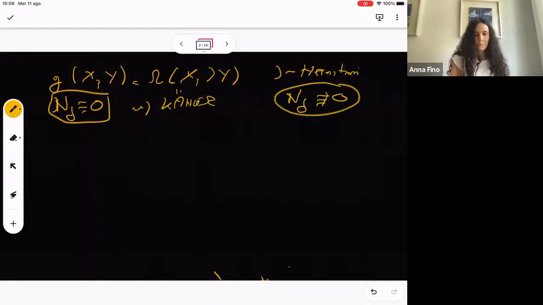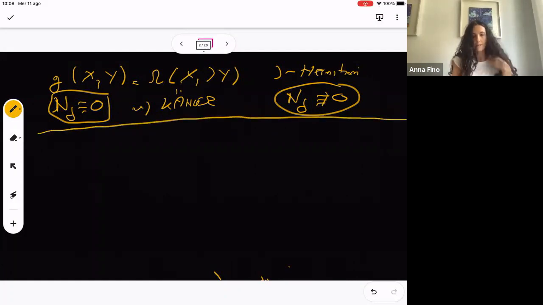Before stating the symplectic Calabi-Yau theorem, let's go back to the Kähler case, so we can formulate the Calabi-Yau theorem in terms of symplectic geometry.